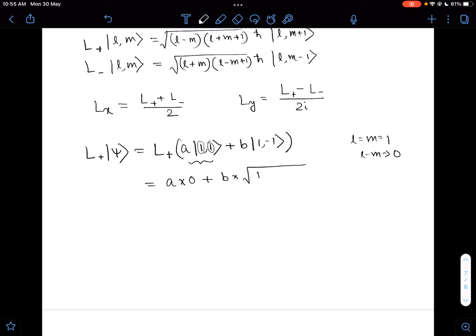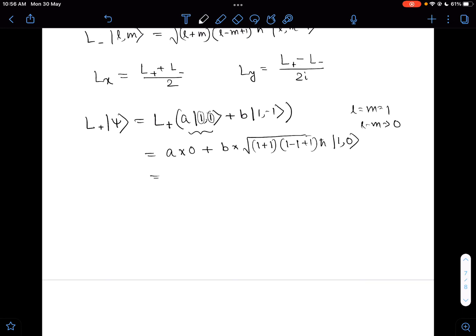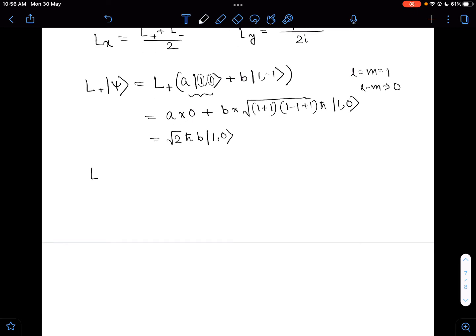So we have 1 minus of minus 1, that means plus 1, with L plus m plus 1 h cut, and the state will be |1,0>. So we are getting root 2 h cut B|1,0>.